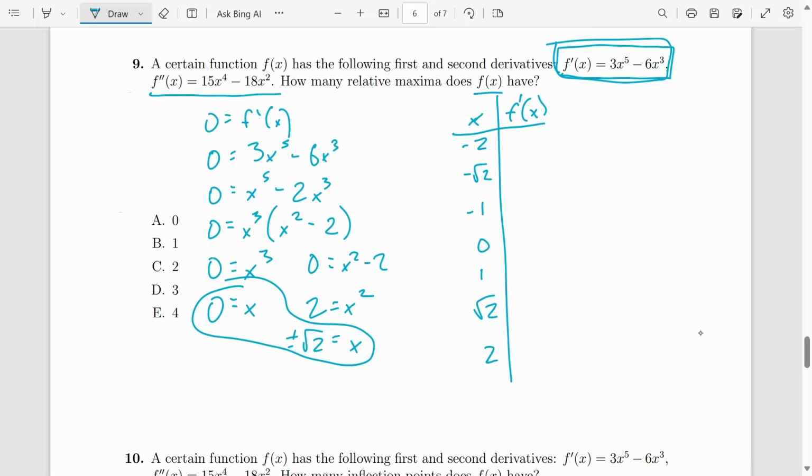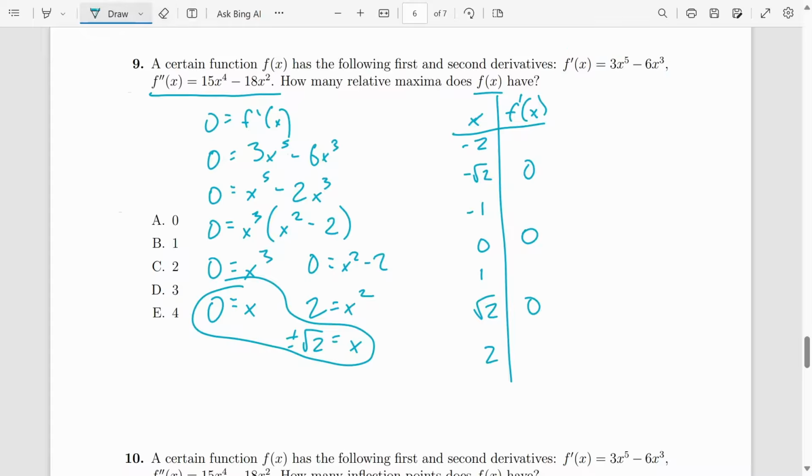We do have quite a bit of outputs to compute here, but since these are pretty easy values, that shouldn't be too bad, especially because for a lot of these, we already know the answer: it's going to be 0. So if we just write zeros here, because that's what we found in the original thing, we already have 3 of our critical points figured out. And then for the other 4, we can just plug them in.